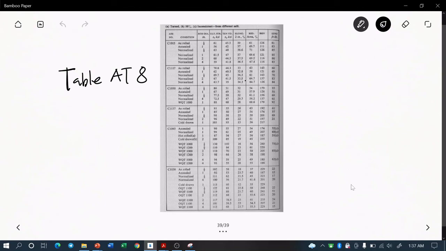These values here are much closer than it is with table 87. So which one is lower than 42? We have normalized C1015. So which one is closer? Right, we have 35, C1117 normalized. So this is our closest.